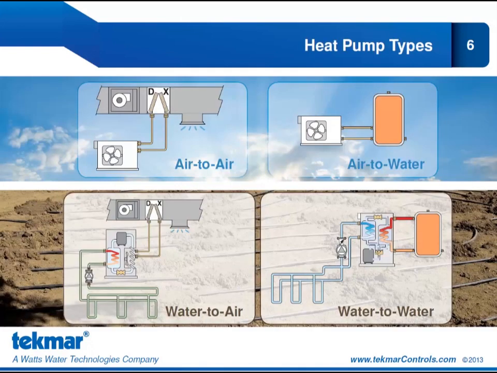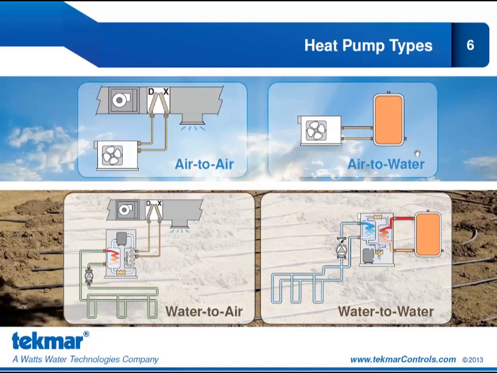There are four main types of heat pumps used in the industry. We have an air-to-air heat pump where we're using air as the source of our energy, and air is on the distribution side as well. We have a water-to-air heat pump where we are deriving that energy from a geofield, which could be sourced from water or earth, and we have an air distribution side.